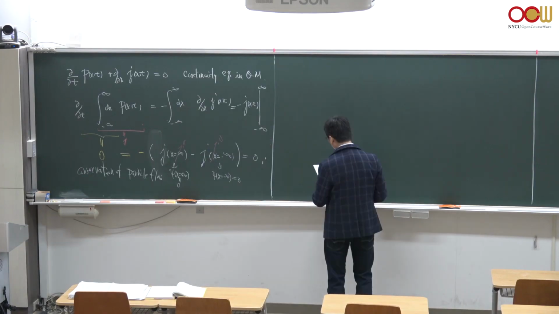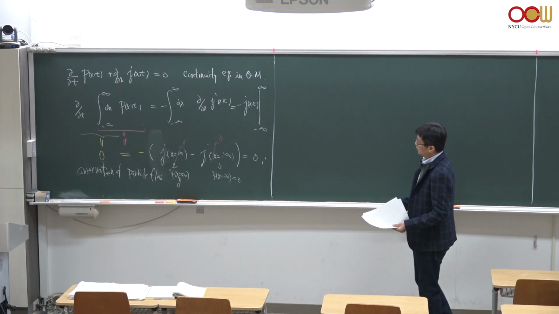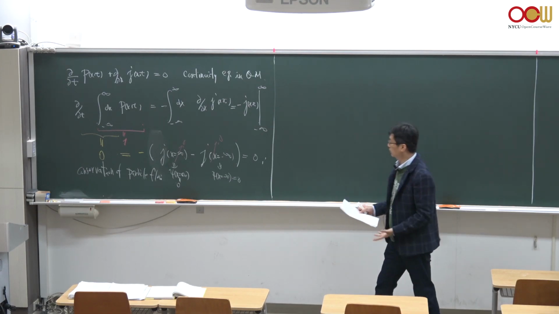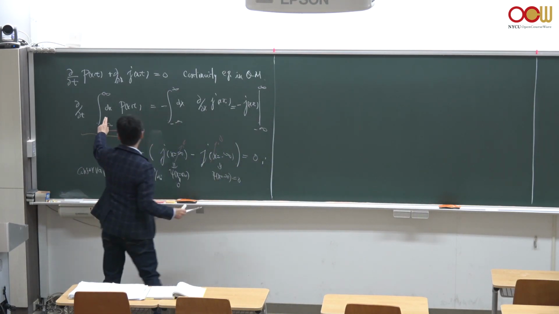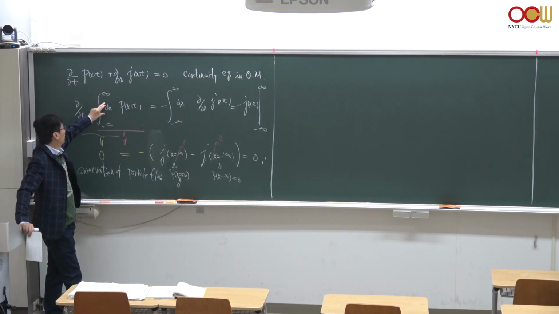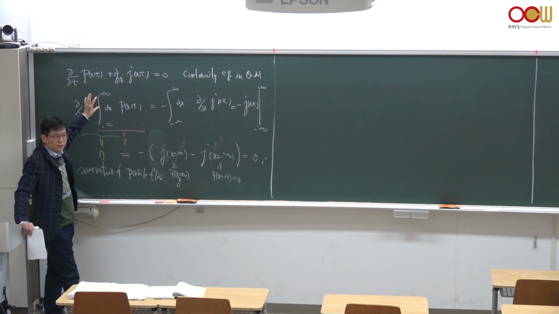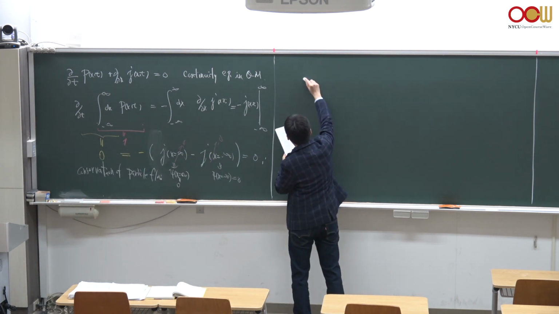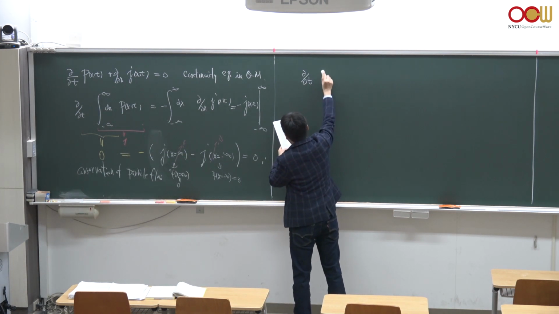So you could, of course, show this continuity equation in a slightly different way, by partially integrating over the space. You do not just integrate from minus infinity to plus infinity, but you integrate over a finite range and take the time derivative of that quantity.